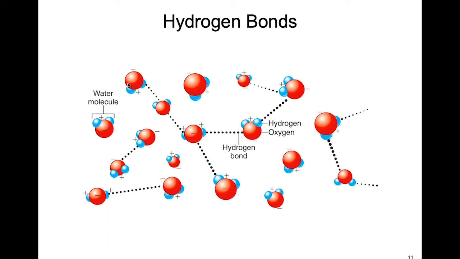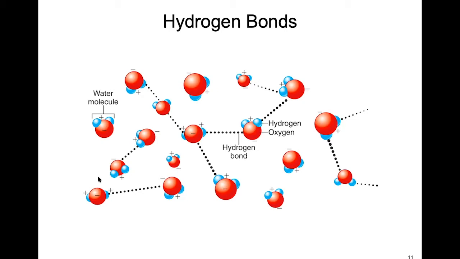And what happens with water, water is unique in that different water molecules are going to be slightly attracted to one another through hydrogen bonding. So you can see here, just as one example, you have the slightly positive hydrogen of one and then the slightly negative oxygen of another. There is going to be a slight attraction, right? Opposites attract, okay? So the slightly positive hydrogen and the slightly negative oxygen are going to be attracted to one another.